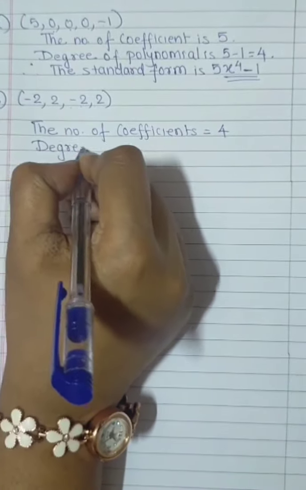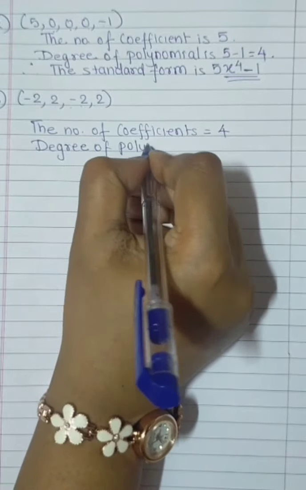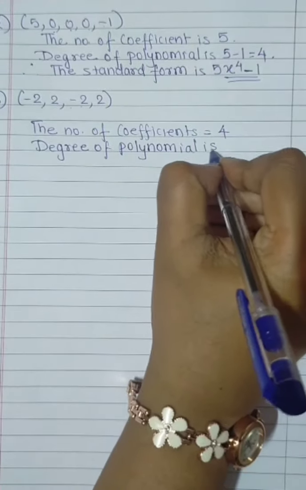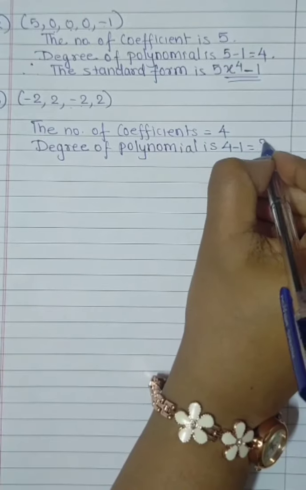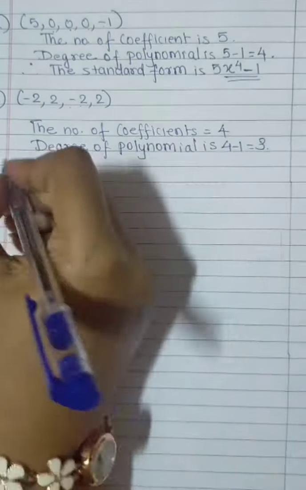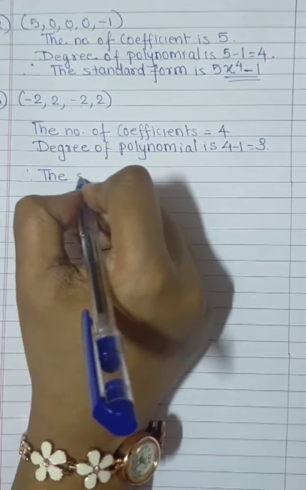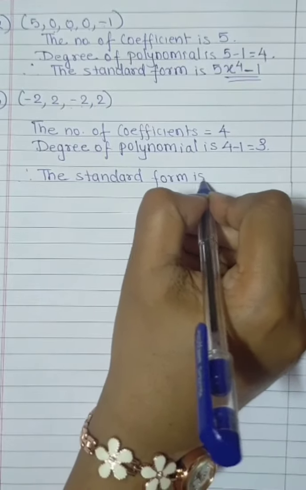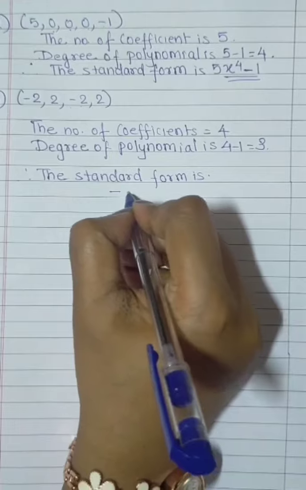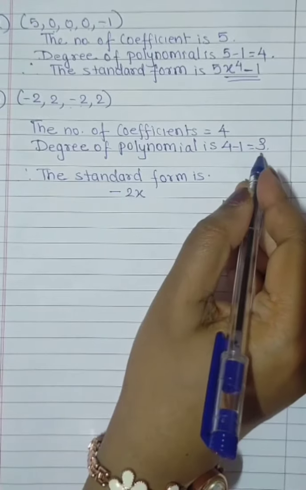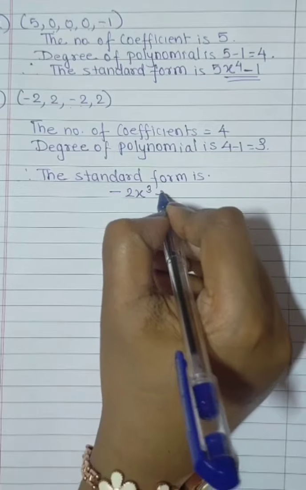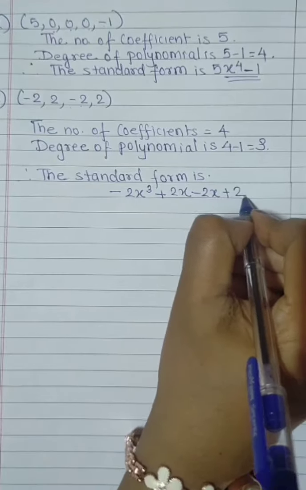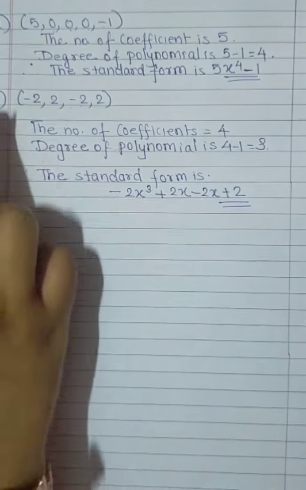Here the degree of the polynomial is 4 − 1, that is 3. Therefore the standard form is −2x³ + 2x² − 2x + 2. This is the standard form of question number 3.